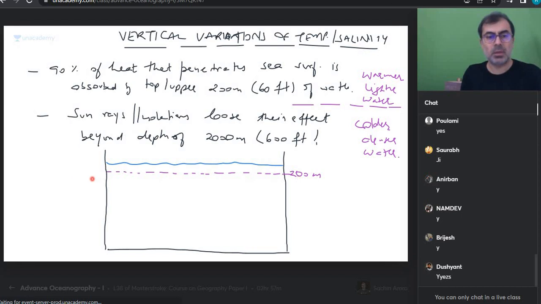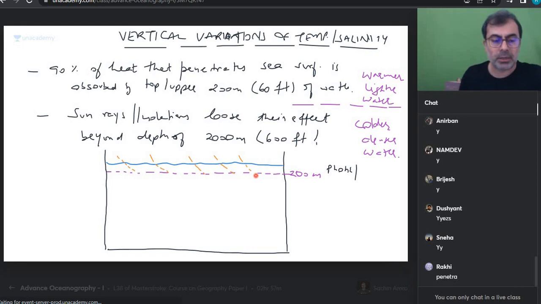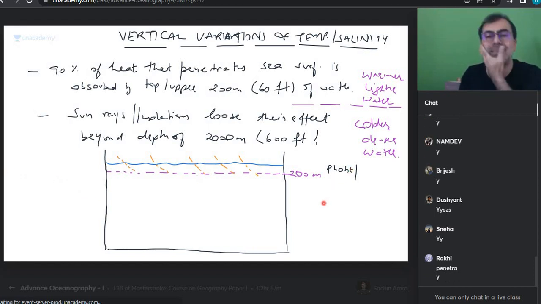Remember 200 meters. I've already told you this is the photic zone. Photic zone. So what can happen? Sunlight can penetrate this. Is everyone okay? Penetration is possible. Photic. So what will happen when the heat is there? When the heat is there, heat will get redistributed or not? It will get redistributed. So I want to tell you that the photic zone is the homothermal zone. Okay?